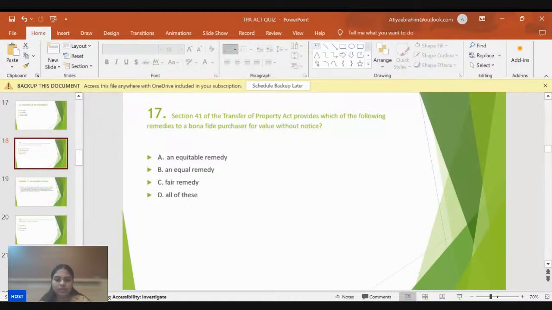What about 17? 17A. So, yes, the answer is 17A, correct.